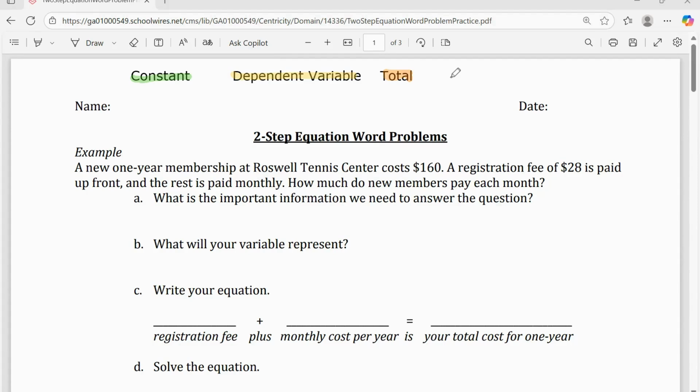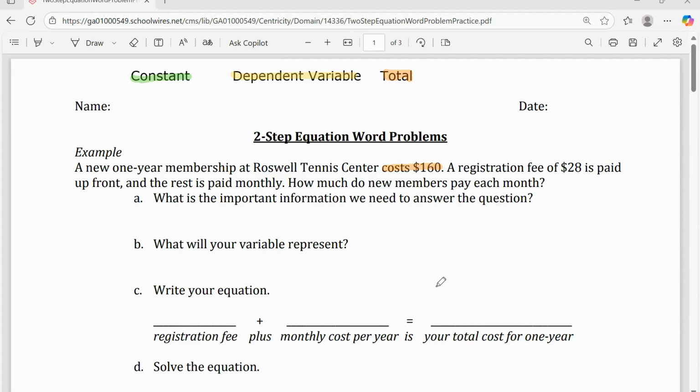So guys, when it starts this off and says a new one-year membership at Roswell Tennis Center costs $160, that is going to be our total. Then it says a registration fee of $28 is paid up front.